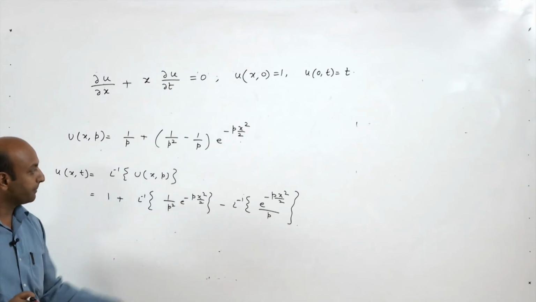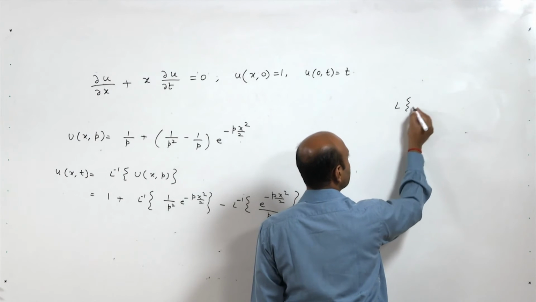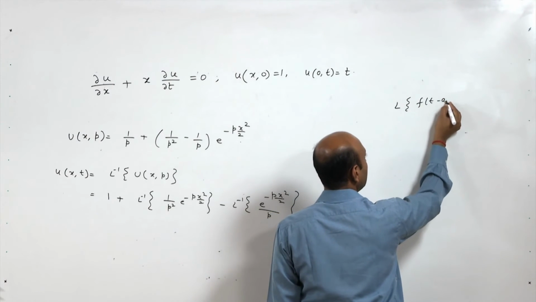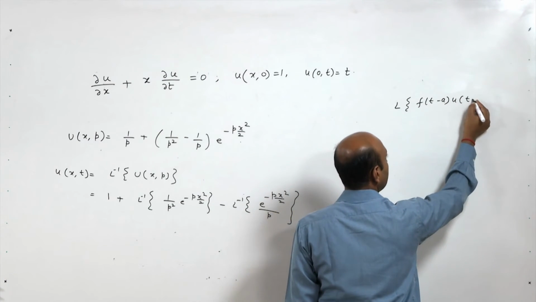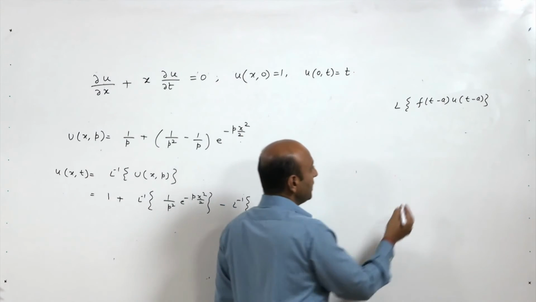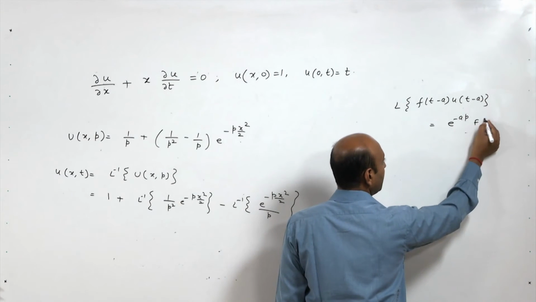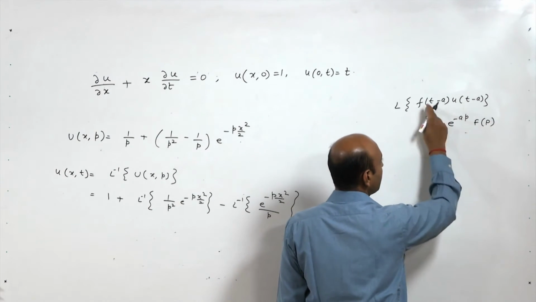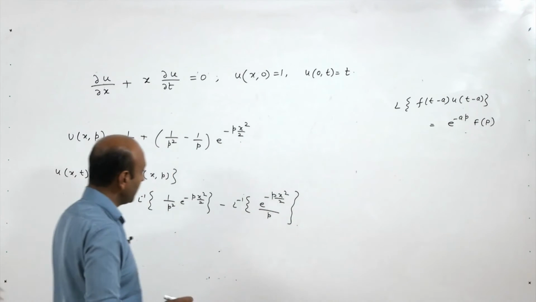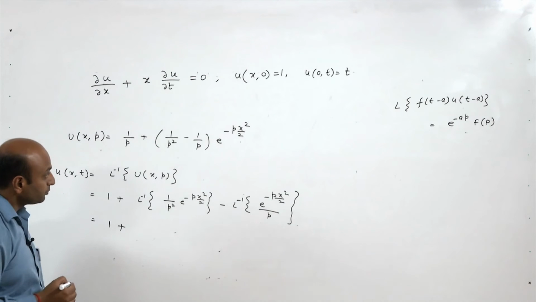Only p is a parameter. So, we know our result that Laplace transform of f(t minus a) into u(t minus a), where u is the unit step function at t equal to a, is nothing but e raised to the power minus a p into F(p), where F(p) is nothing but Laplace transform of f(t). Now, this one will remain as it is, plus.